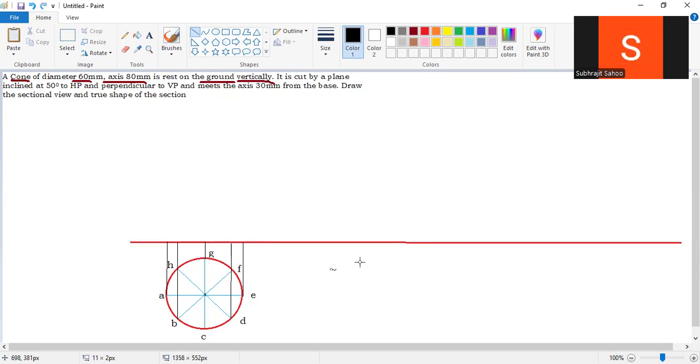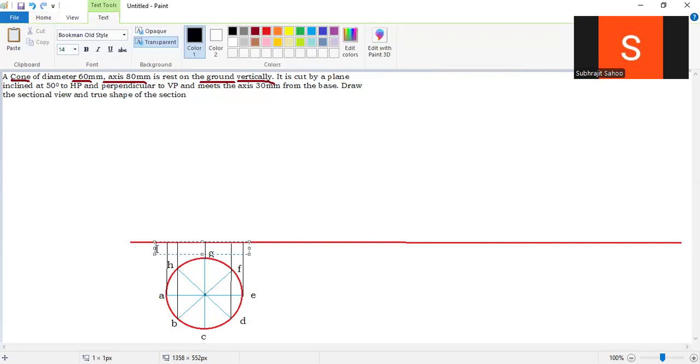Right. So this much projection line I have drawn. So what is the next step? Next step is naming. First, give names. So this is my A dash.